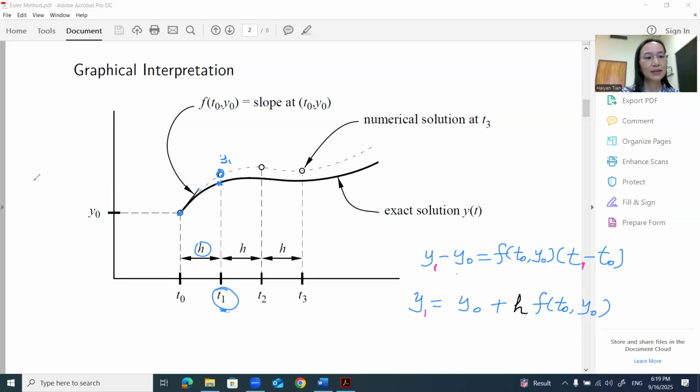Look at this exact solution. Actually, the true value is here, right? If I put a little dot, that is at t1. However, our y1 differs from the true solution by how much? You can see the vertical distance, highlighted in this color. That's the error.